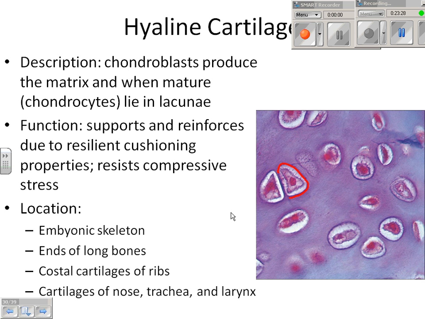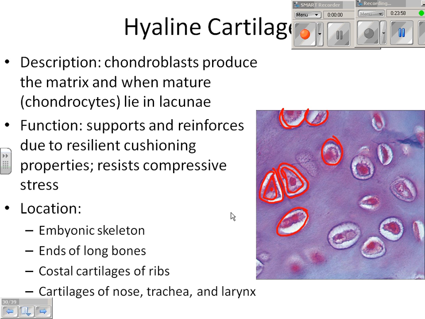It kind of looks like a little bubble, but it's a little protective home for that chondroblast. So lacuna is what we call that little room. And inside the lacuna are the little chondrocytes that are secreting matrix. So that's the way that you can identify cartilage. You're looking for extracellular matrix, you're looking for lacuna, and then you see the little cells inside the lacuna.